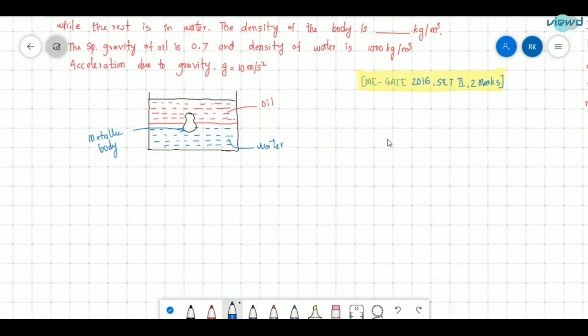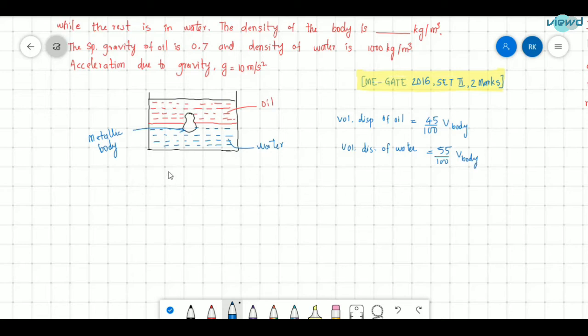So in this, the volume of oil displaced is equal to 45 by 100 of the volume of the body, and the volume of water displaced, the remaining part, is 55%, so 55 by 100 into the volume of the body. So these are the volumes of the body displaced.